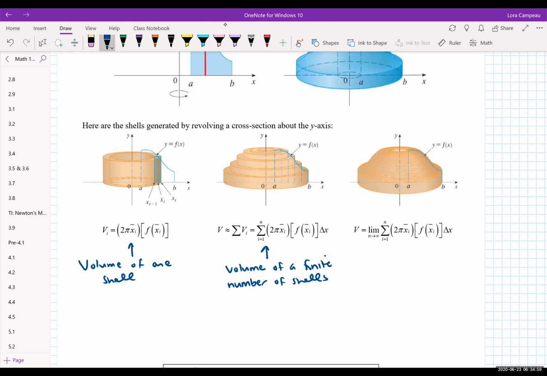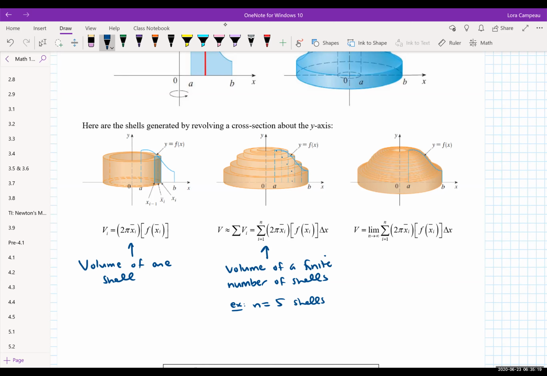For example, n, the number of shells we have, what do we have? 1, 2, 3, 4, 5 shells. That's nice to see if we drew 5 cross sections and revolve them. So like 5 pieces of paper nested with each other, kind of like wrapping paper.